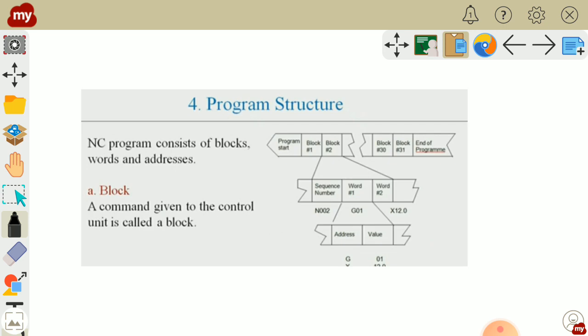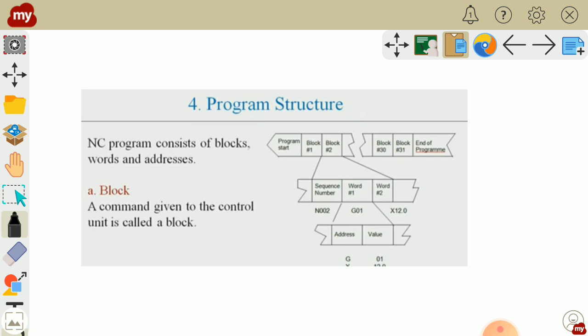Program structure. Now, an NC program consists of blocks, words, and addresses. As shown in the figure, this is the structure of a CNC part program. First it consists of block 1, block 2, and so on, block 30, block 31.